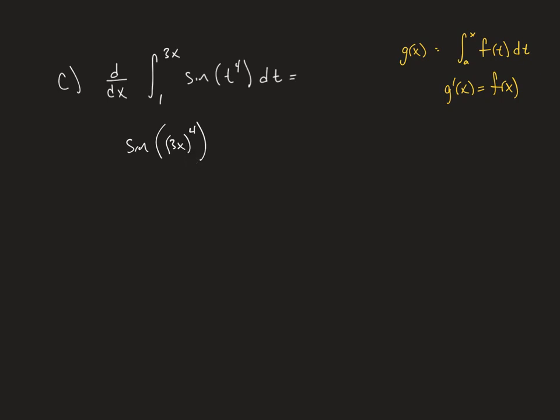So I can't forget here that because that upper limit is a 3x and not just a 1x, I do have to multiply it by the derivative of 3x. And so we could make this look a little bit nicer here because 3x to the fourth could be rewritten as 81x to the fourth, and that is going to be our final answer.